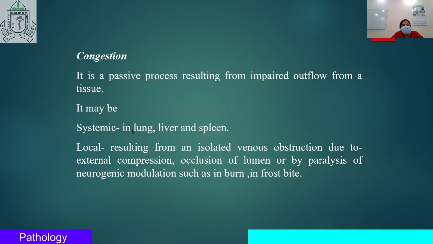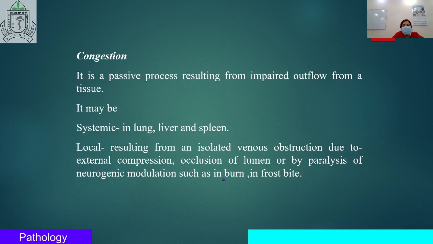Congestion, as we already discussed, occurs due to venous obstruction, local or isolated venous obstruction. This venous obstruction may occur by any external compression of the corresponding venous tributaries, or occlusion of the lumen of the vein, or paralysis of the neurogenic modulation such as in frostbite and in burn.